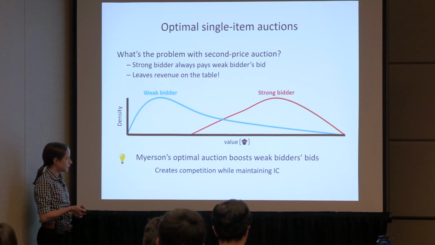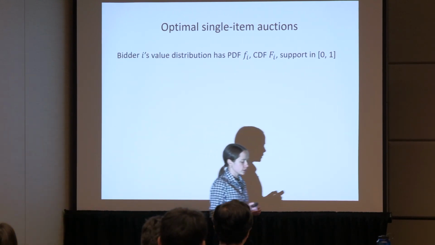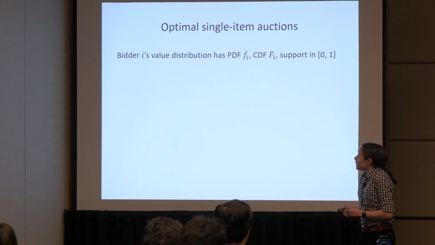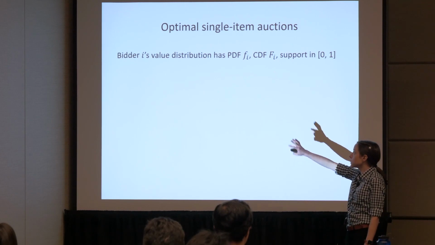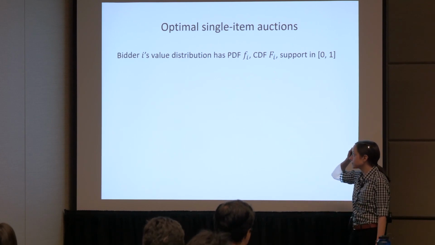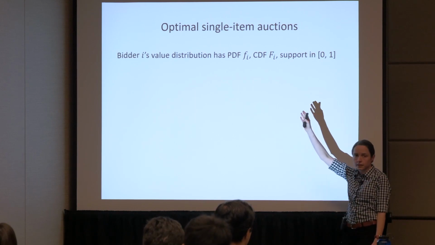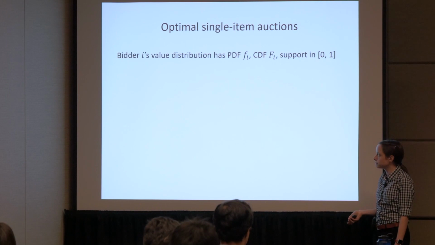So now I'm just going to give you a brief description of Myerson's auction. Let's say that each bidder i's value distribution comes from a distribution with a PDF f_i and a cumulative distribution function capital F_i, and the support is in [0, 1].